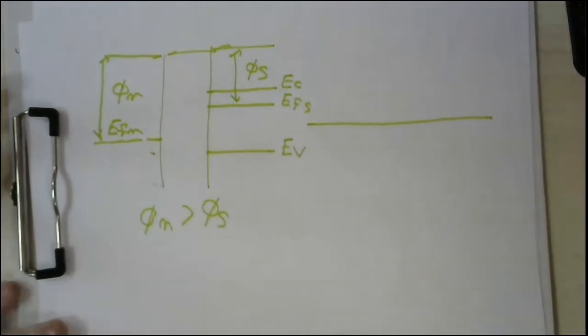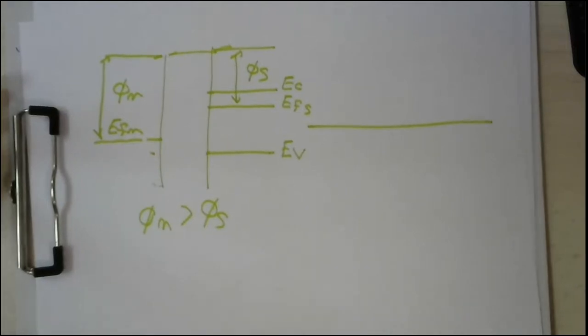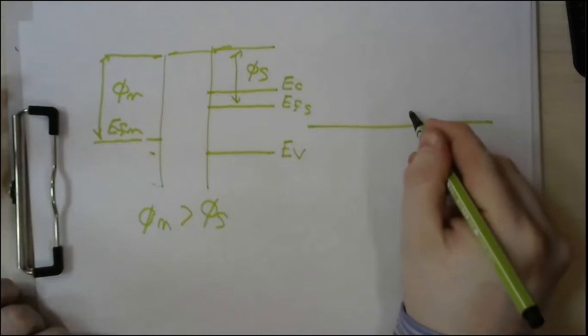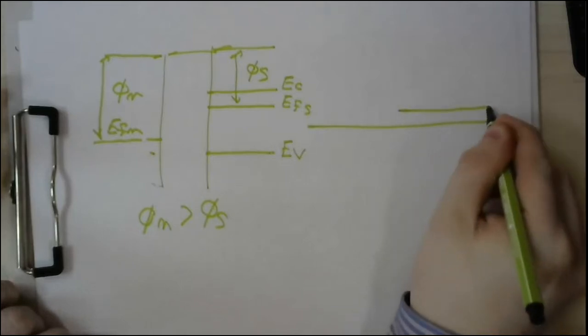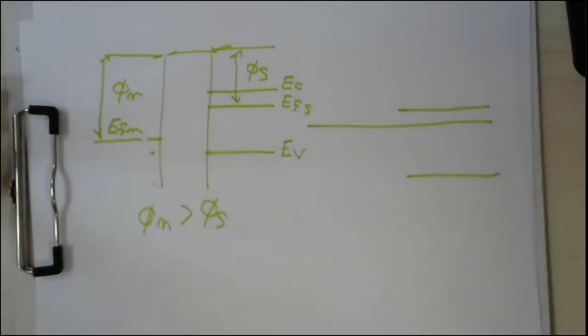We will start with this line, which is the Fermi level, and then plot everything with respect to this line. So what we are simply going to do, my dear students, is draw here a conduction band and here a valency band.